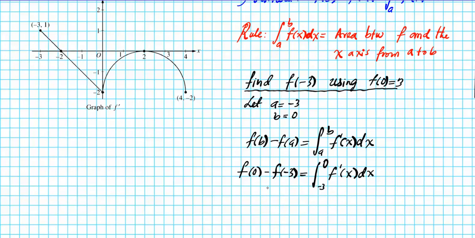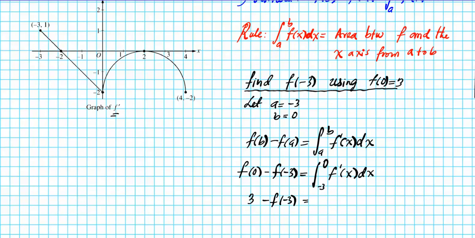Let's see. F of 0, we know what that is. That's 3, right? So 3 minus, this is what we're looking for, f of -3. Now this integral right here from -3 to 0 of f prime of x dx, look at this. This is a graph of f prime. So when we're looking for the integral of this, what we're looking for is the area between the line and the x-axis.